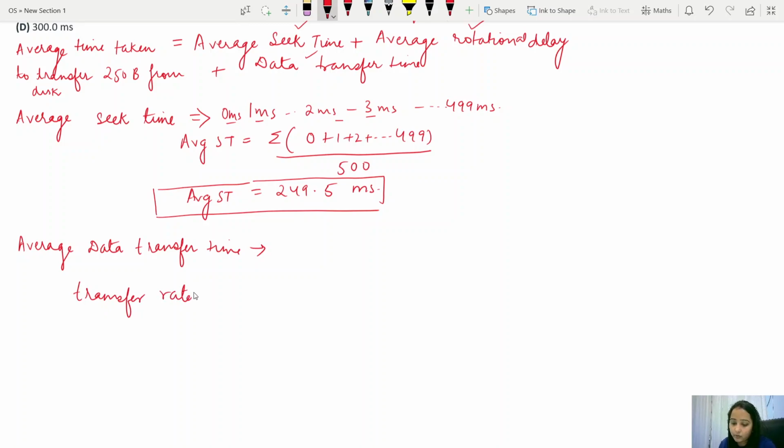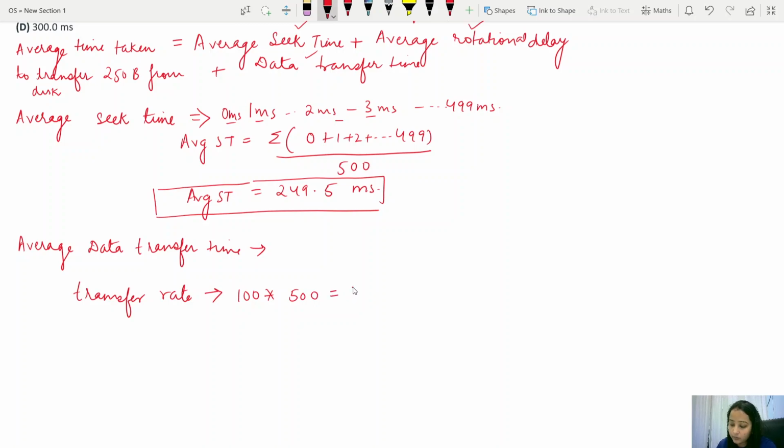The transfer rate will be based on the number of sectors, 100, multiplied by the number of bytes per sector, 500.